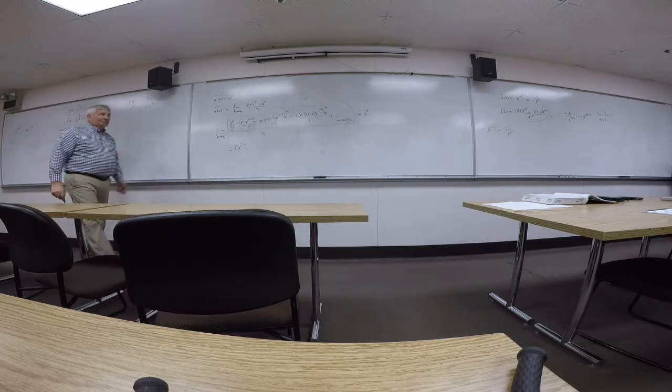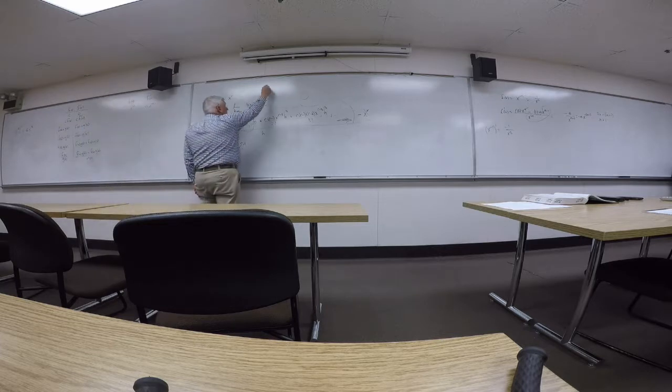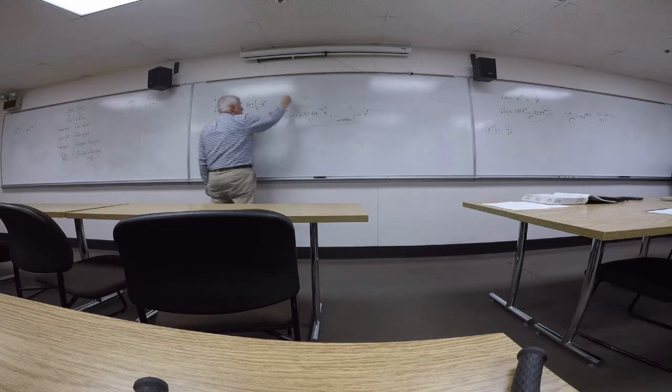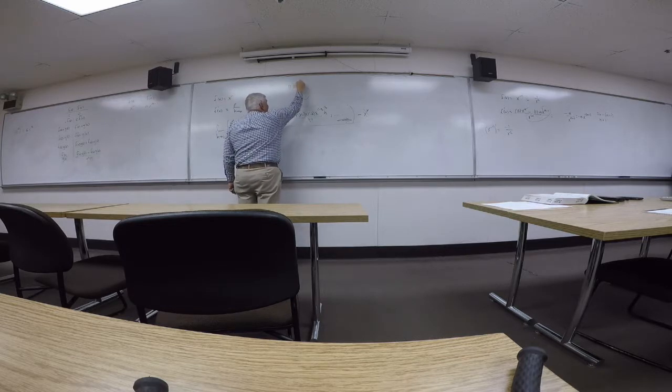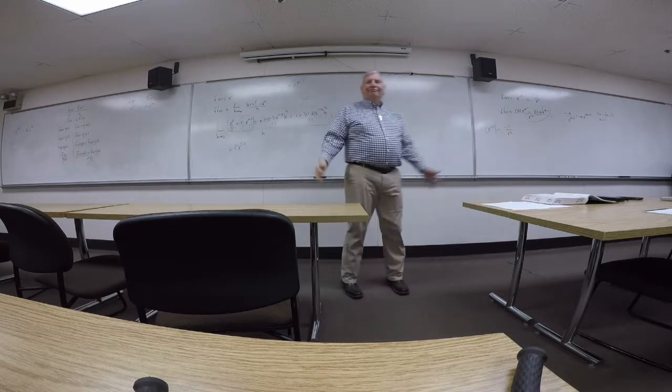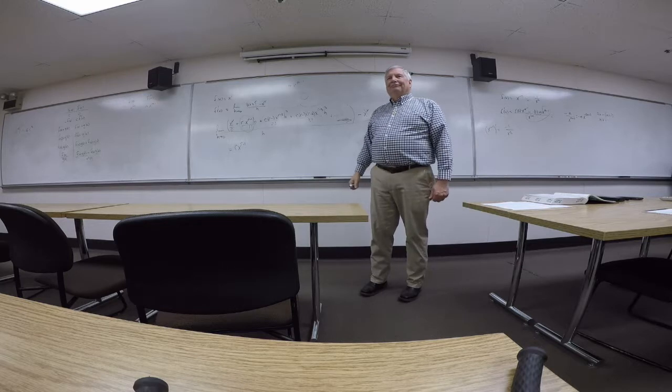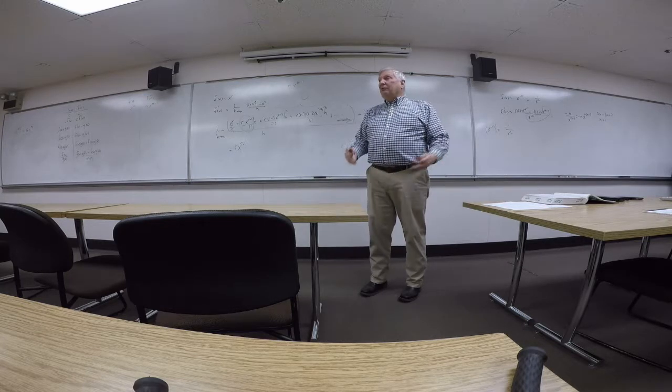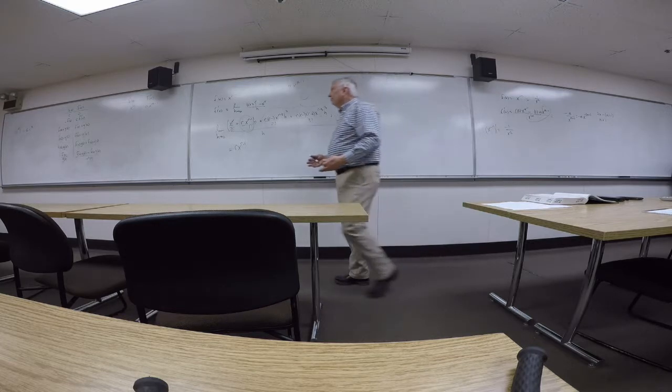So if I have, I don't know, x to the pi, the derivative is pi times x to the pi minus 1. So finding derivatives of powers of x is no problem.